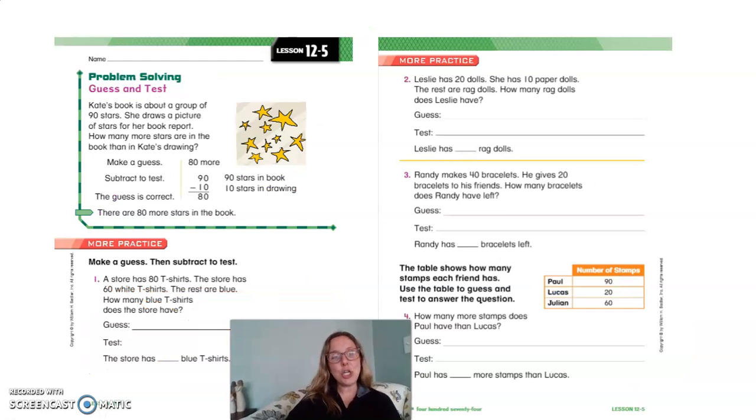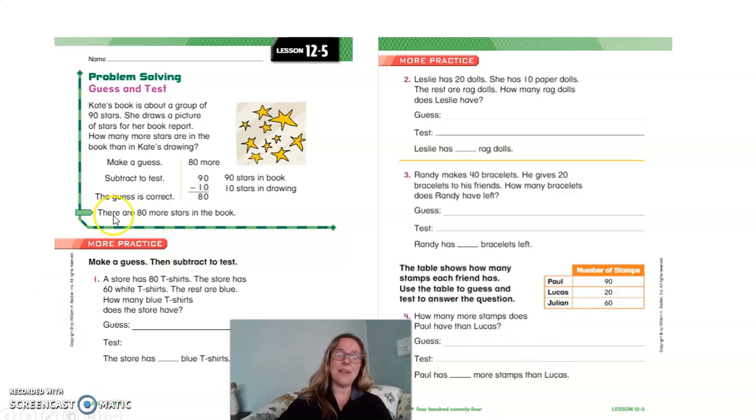Go ahead now and turn to the next page. Now the next page, front and back, I want you to take a minute, pause the video, spend some time going through the problems, reading the words, figuring out what difference you are looking for, make your best guess and put it on the guess line, and then test it, draw it out or do the subtraction, figure out your answers.